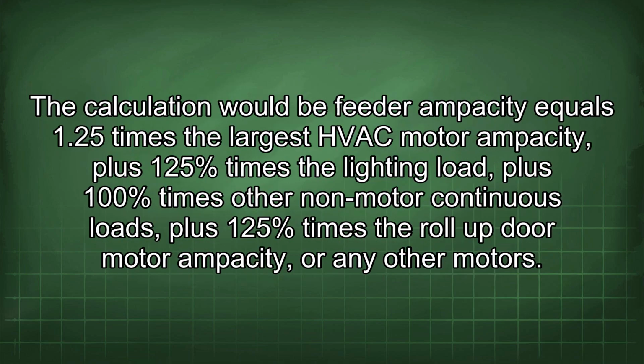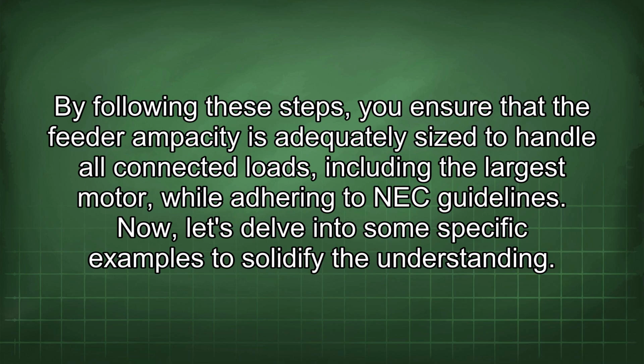The calculation would be feeder ampacity equals 1.25 times the largest HVAC motor ampacity, plus 125% times the lighting load, plus 100% times other non-motor continuous loads, plus 125% times the roll-up door motor ampacity or any other motors. By following these steps, you ensure that the feeder ampacity is adequately sized to handle all connected loads, including the largest motor, while adhering to NEC guidelines.